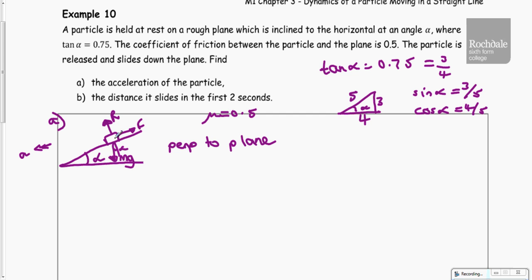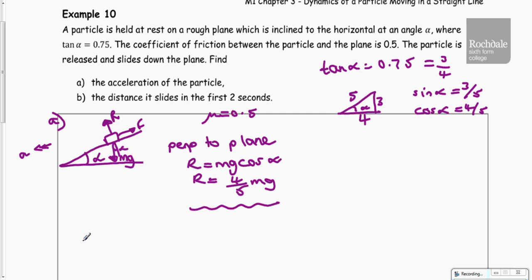We know that it's not moving up and down off the plane, so forces upwards, which is R, will equal the force downwards. That mg is vertically down, and we want to resolve it so it's perpendicular to the plane. So it would be mg cos alpha, because you're turning through the angle alpha. We know that cos alpha is 4/5, so R is 4/5 mg.